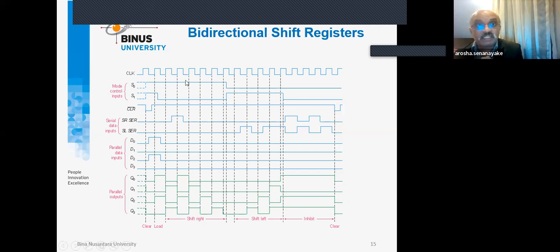If we have 8 bits, you have to wait 8 clock pulses so that all bits are shifted. Only after this can we change S0 into 0 and S1 into 1, allowing shift to the left, but not immediately. After some time, getting stable, the shift left will be activated, allowing bits to shift left.